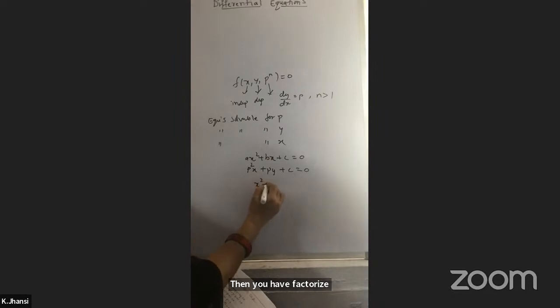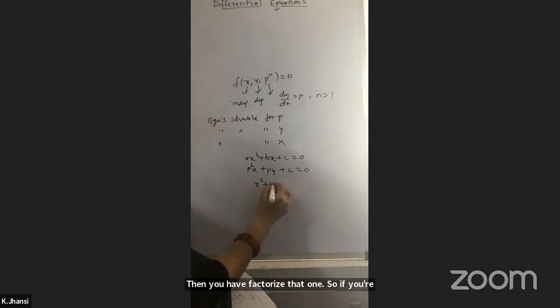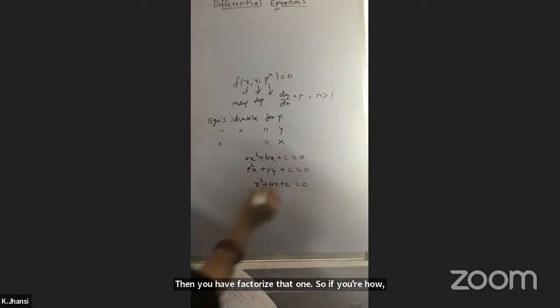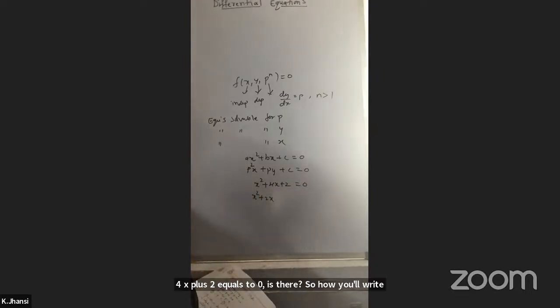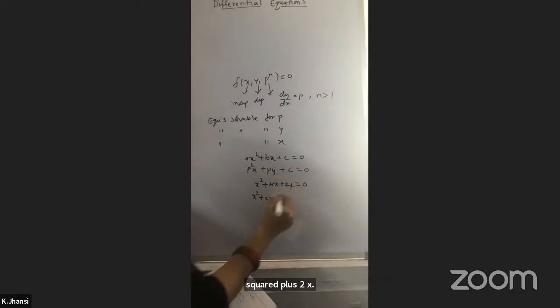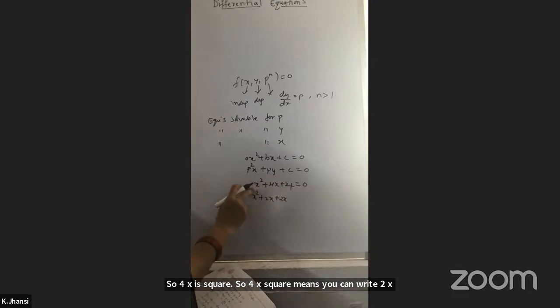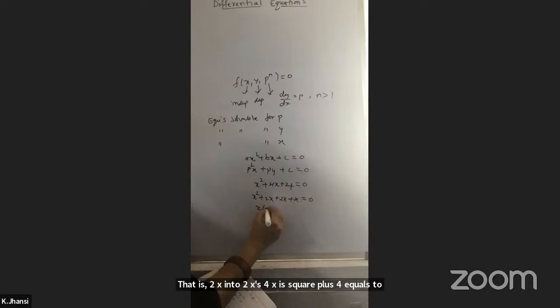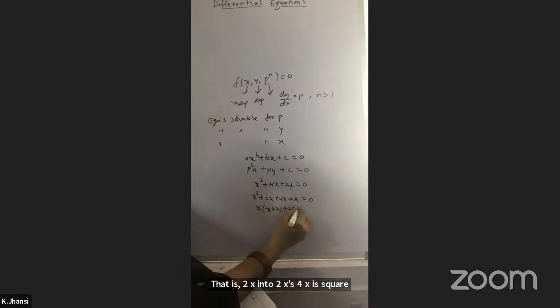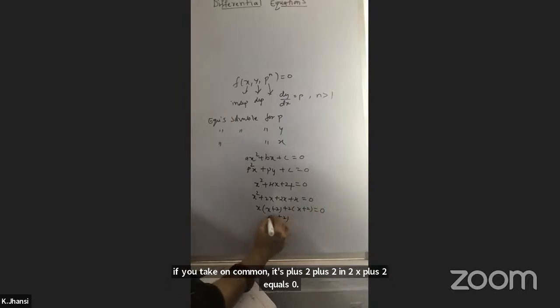For example, if it is x square plus 4x plus 4 equals 0, you think 4x, so 4 can be written as 2 into 2. Taking common terms, x plus 2 into x plus 2 equals 0.